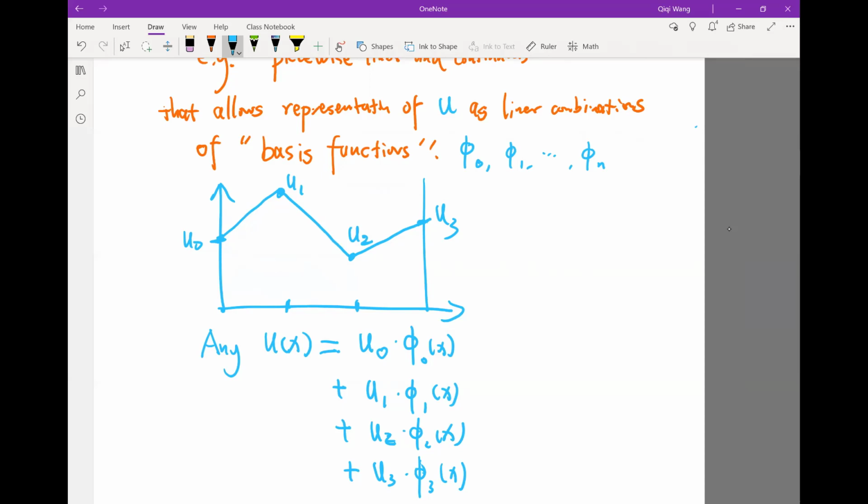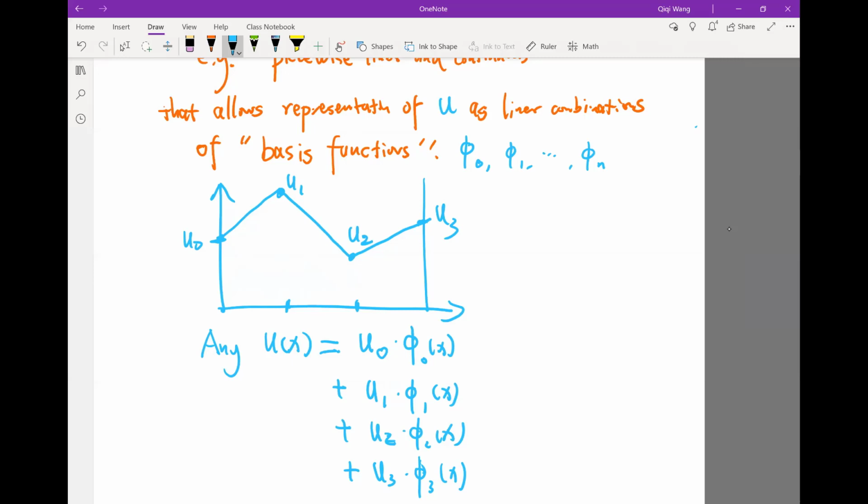Linear? Yes, these basis functions also have to be piecewise linear. Because if they are not, it's hard to imagine that when I perform a linear combination of them, it will magically become linear.